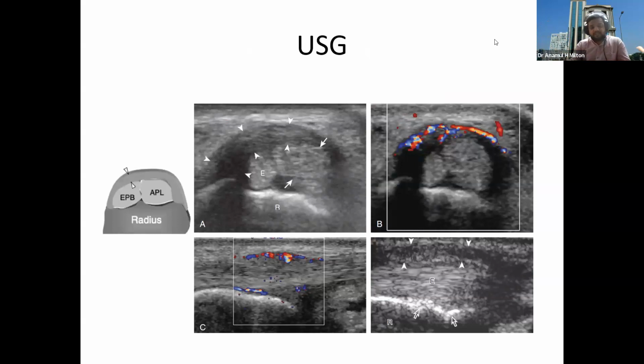Okay. So next, the ultrasound. In the first picture, there is almost no Doppler showing, but the sheath is thickening. In the second picture, it shows a very well-looking Doppler study, and the third picture is the long axis view. It also shows some fluid and some Doppler over the tendon, and the sheath is there.